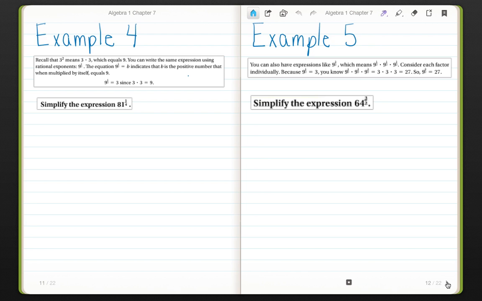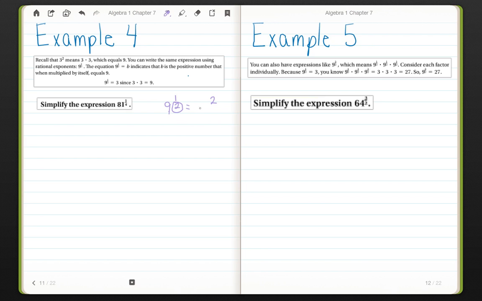So what the heck does that mean? So 9 to the 1/2 power, this 2 right here means that this is going to be my exponent. Let's make it a 2. There we go. So this 1/2 means that I want whatever number I'm going to square will equal 9. So it's like the inverse or the opposite.